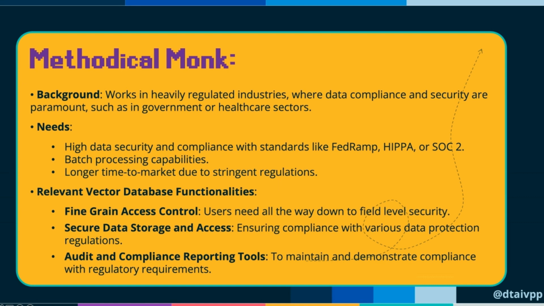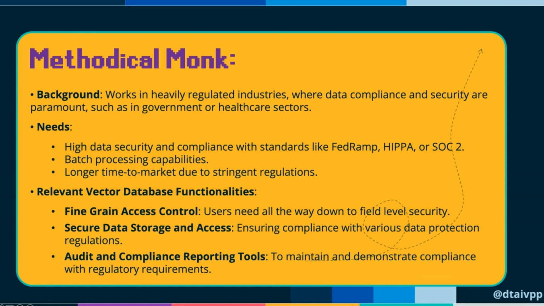So the methodical monk tends to be bigger, slower-moving companies, and what they really want is to make sure that their search engine is going to meet their requirements. And those requirements oftentimes are compliance, auditing, security.